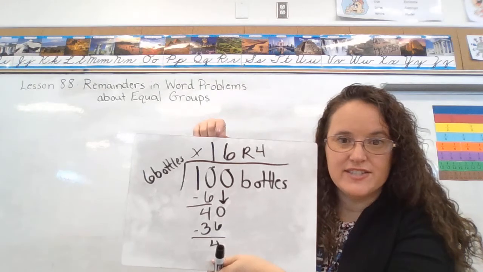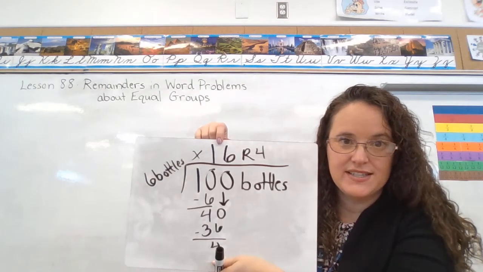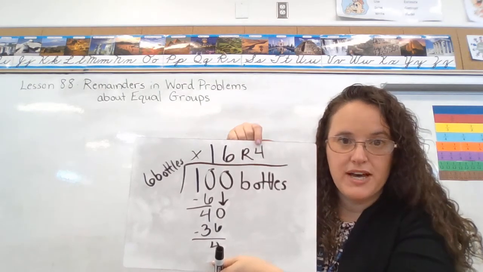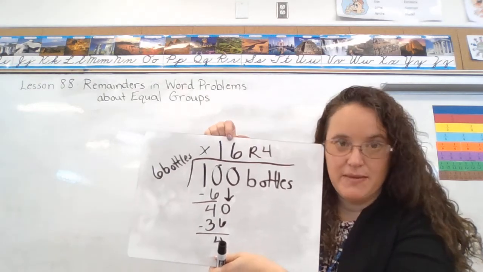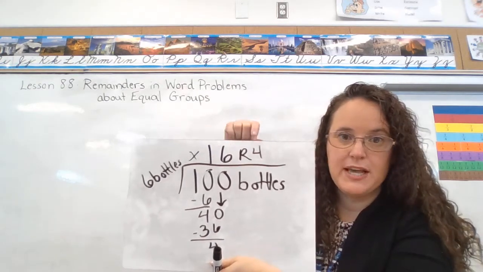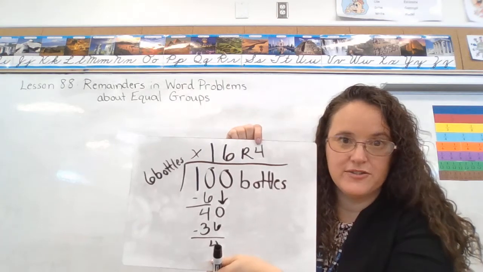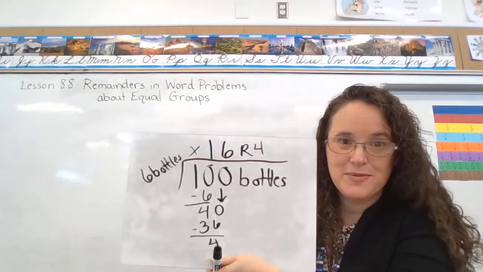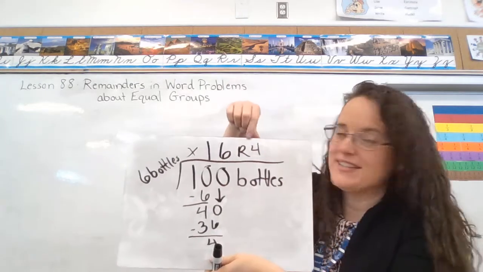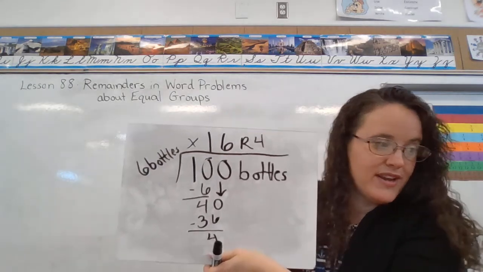After I fill 16 boxes, I have 4 bottles left over. So I can make 16 whole groups, plus I have 4 bottles left over. The next question says, how many bottles will be left over? That's your remainder, that's 4.